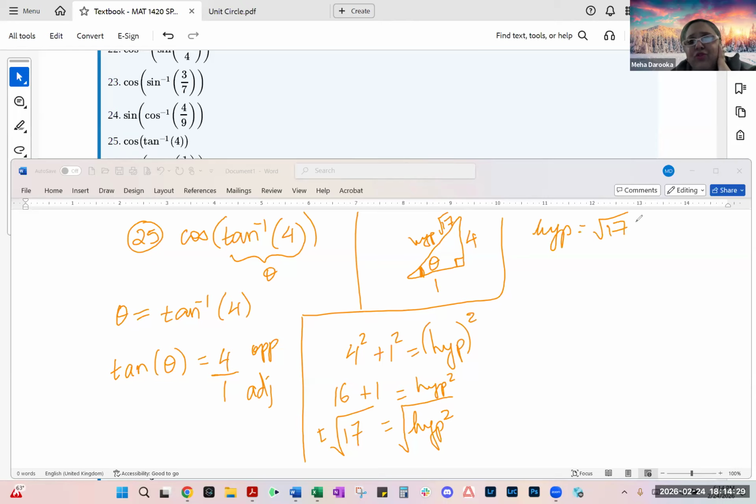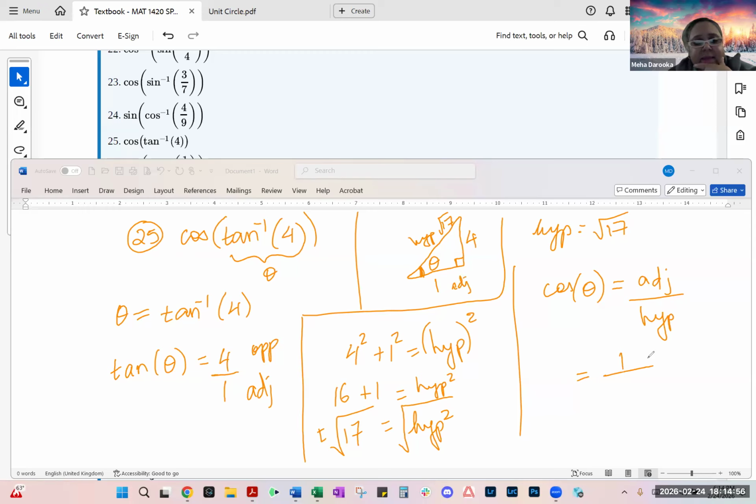That's really it, because once we have the hypotenuse, we can go back to the definition of the sine function, or sorry, in this case, we're using cosine on the outside. So you've got cosine of theta, which, remember, is adjacent over hypotenuse. The adjacent side, remember, is the 1.